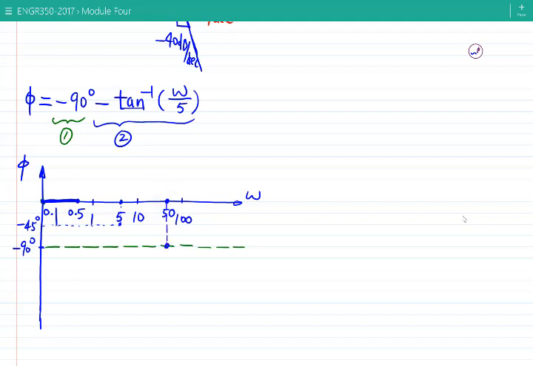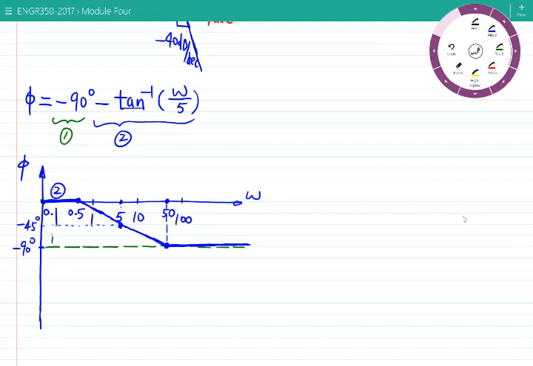Because we have a minus sign before it, we have minus 90 degrees. So the phase angle here is minus 90 degrees. We can connect the 3 points to approximate the mid-frequency phase angle. So this is factor number 2.